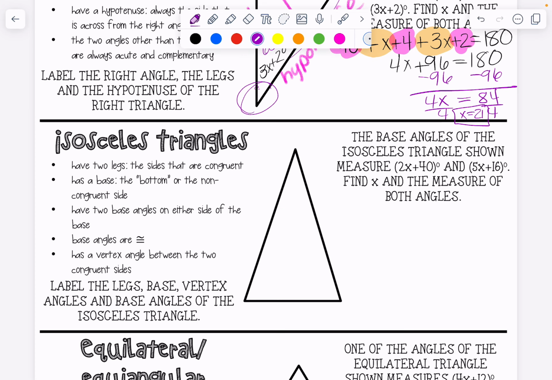Isosceles triangles have two legs, which are the sides that are congruent, so we can call this a leg and this a leg here. Then they have two base angles on either side of the base, and the base angles are congruent. Because we have two sides that are congruent, two of my angles will be congruent as well.